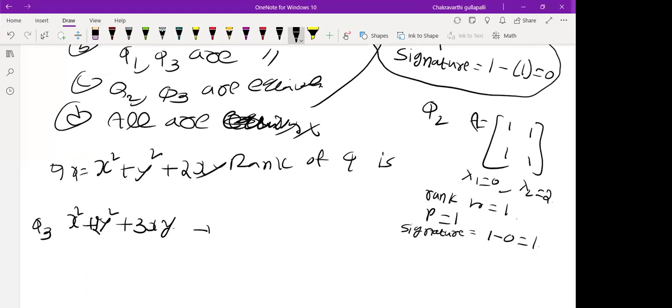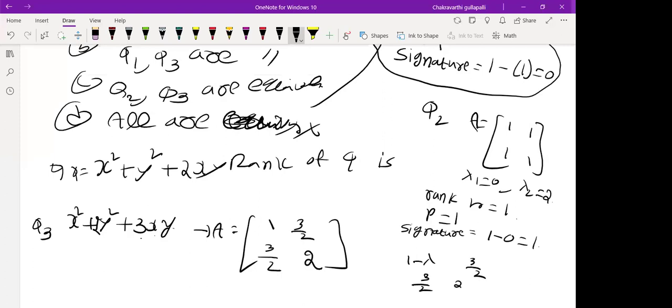Let's see this. So what is the matrix for this? This is xy. So this is 1, this is 2. This is 3 by 2, this is 3 by 2. So either you can multiply by 2 and apply the shortcut, or you can directly find it. So 1 minus lambda, 3 by 2, 3 by 2, 2 minus lambda.